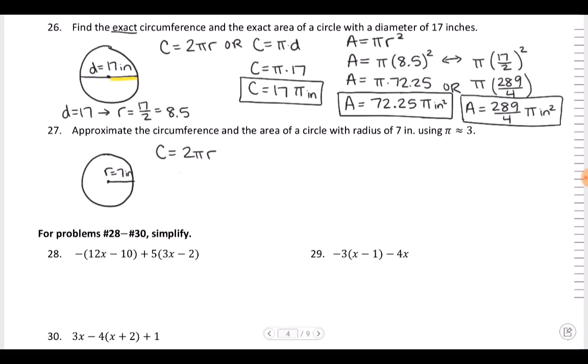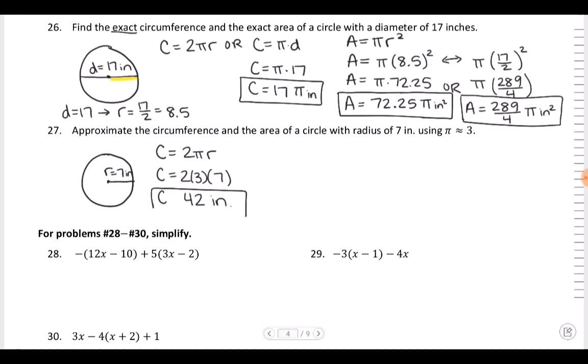Since we know r, we would want to use that formula. So 2 times pi times 7, oh wait, hold on. Let me go back. I'm using 3 in place of pi. So 2 times 3 times 7. So this would be 42, and that would just be inches.